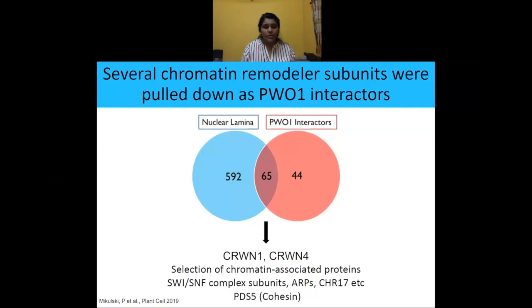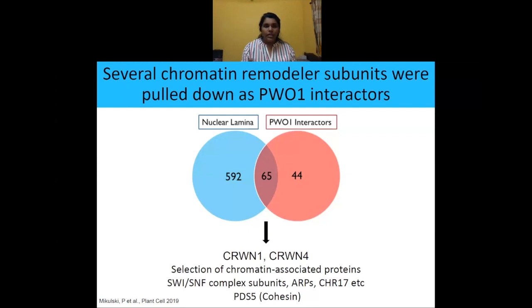For example, SWI/SNF complex subunits, ARPs like actin-related proteins, CHR17, PDS5, etc. The SWI/SNF complex being one of the largest chromatin remodeler complexes and a well-conserved complex across taxa spiked our interest, and we decided to look more into that.